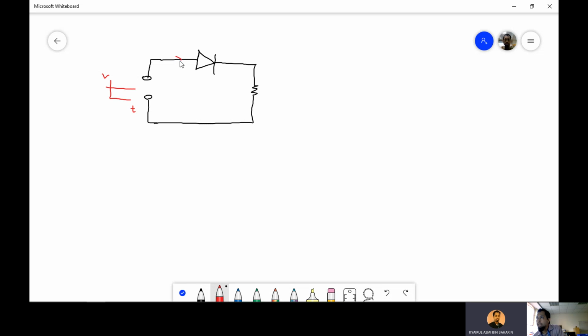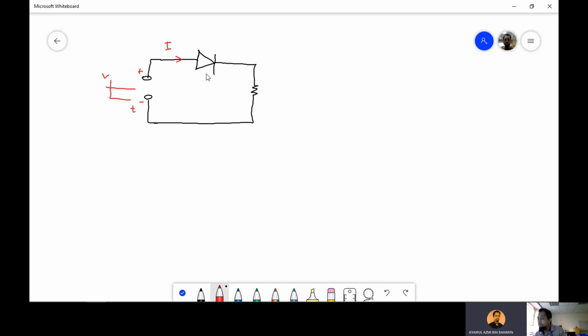So there will be current passing here, and the diode will only allow the current to pass in this direction. If we were to connect it in the opposite direction, let's say we have here now positive and negative, so current will flow here, no problem. The diode will allow the current to flow.